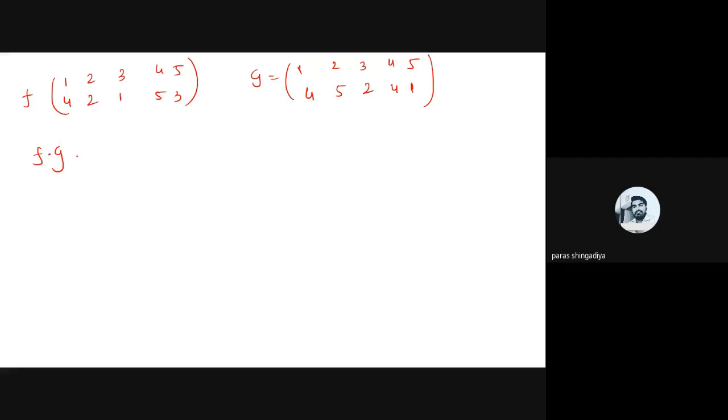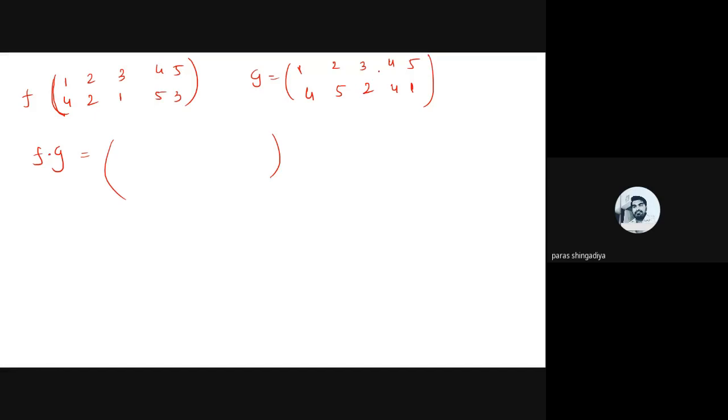So it is f dot g. How can we check f dot g? For the first value, in this F, 1 goes to 4. Input is 1, output is 4.